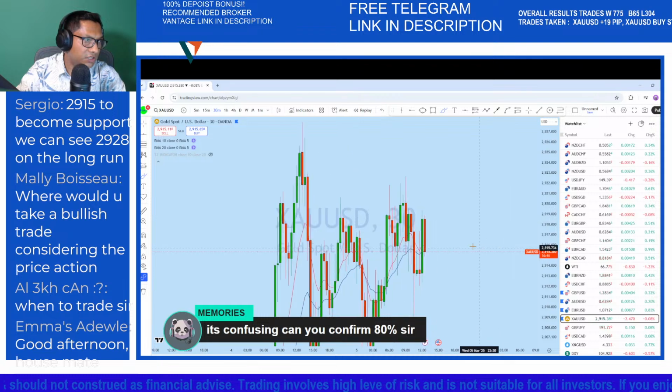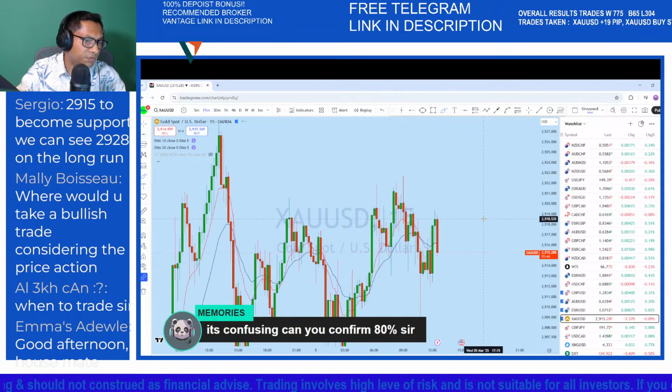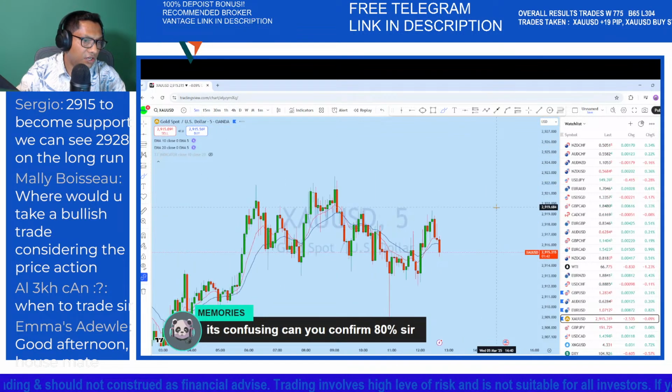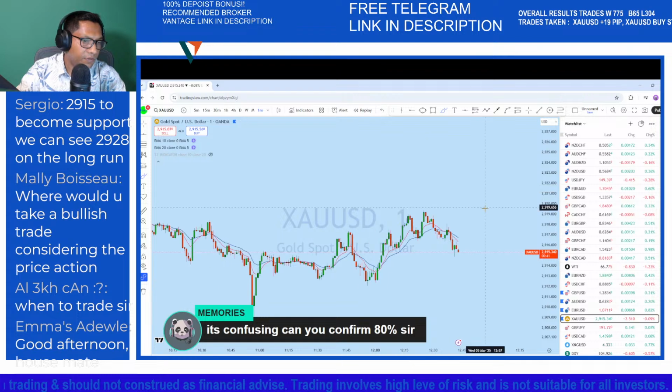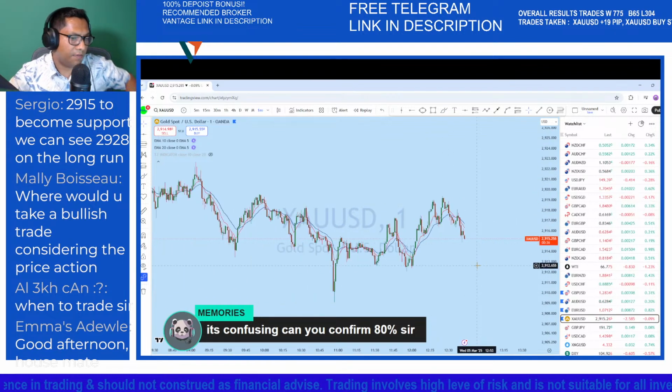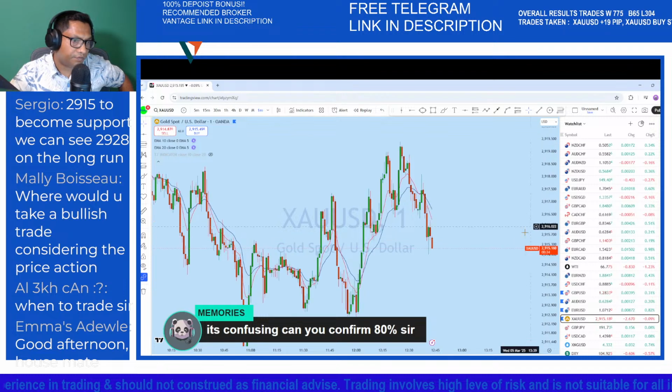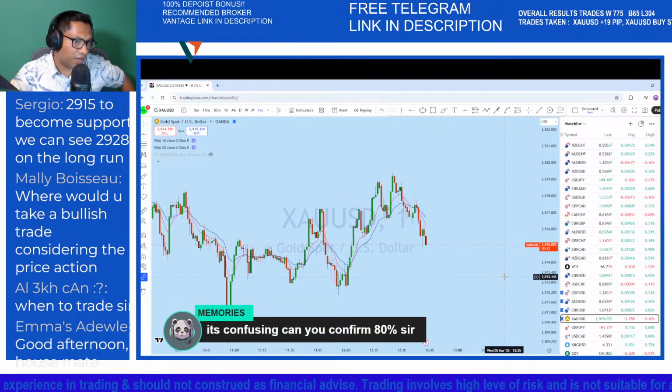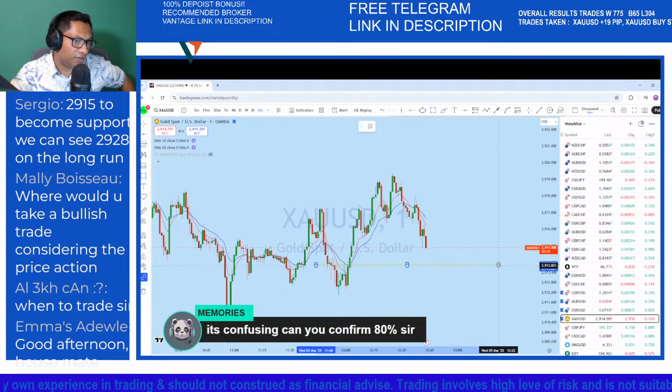Okay, so you can see this is the 30 minutes, 15 minutes perspective, 5-minute chart here, and the 1 minute. It's now slowly coming here to the support level, and with that support level coming, expecting it to drop in that zone here.